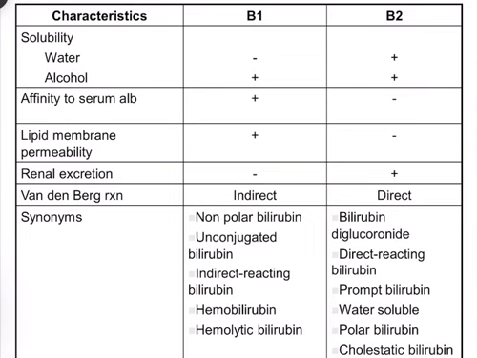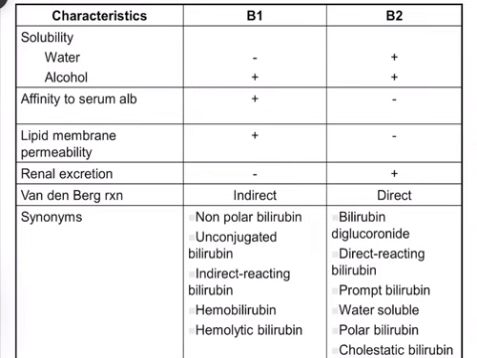B1 has a high affinity with regards to your serum albumin. Then your B2 doesn't have any affinity to serum albumin.